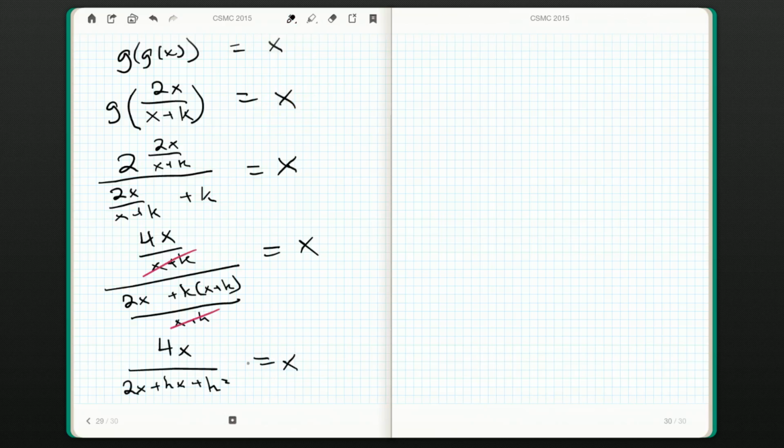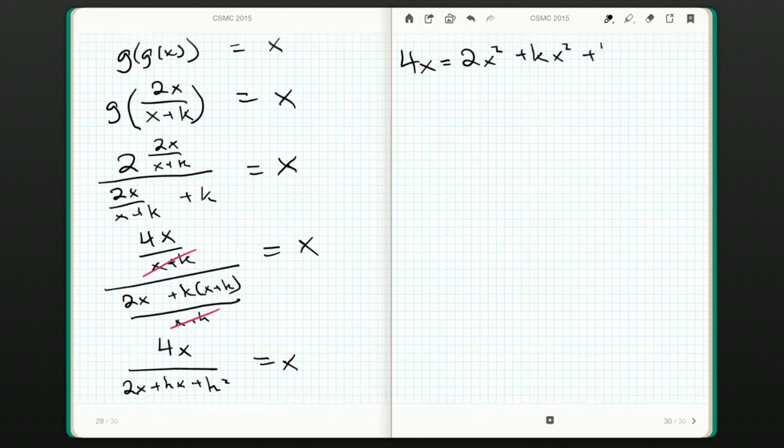That's what we want to be true. We want all the values of k that make this work. So 4x is going to be 2x squared plus kx squared plus k squared x. So 4 minus k squared times x is equal to 2 plus k times x squared. And we want that to be true for every value of x.